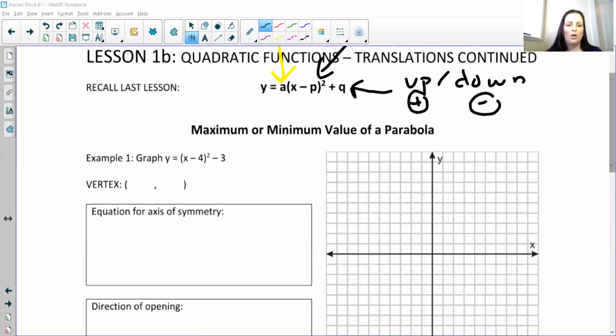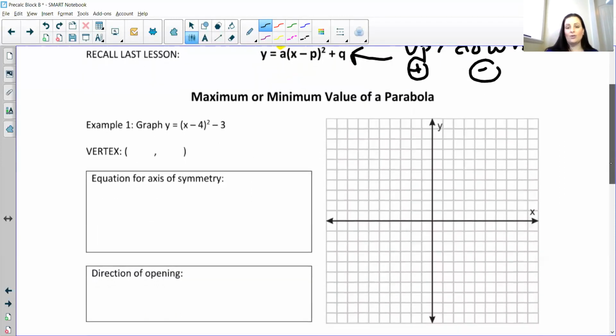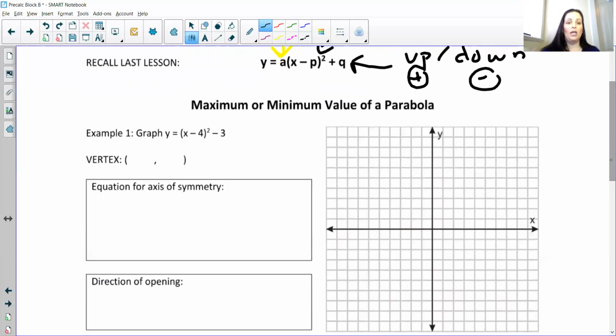I'm going to show you one of those apps shortly, but in the meantime, with the exception of those materials or the tech, you can just make a table of x values, calculate what y will equal when x is 0, when x is 1, when x is -1, just like we did in the last graph. So from this graph, I can tell a couple of things right away.